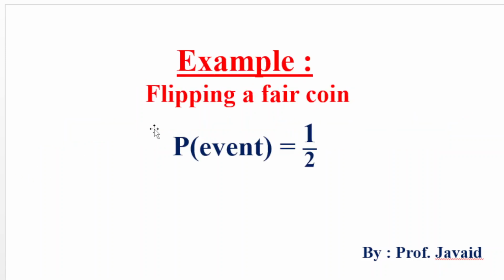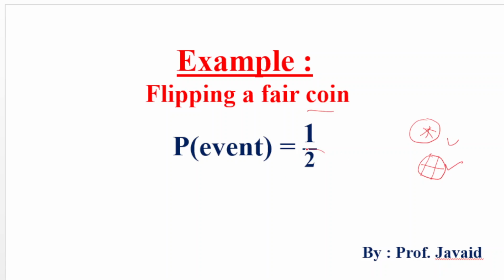So for example, flipping a fair coin. You know the coin always has two sides. One side is one thing and the other side is something else. So only two outcomes can happen with a coin.